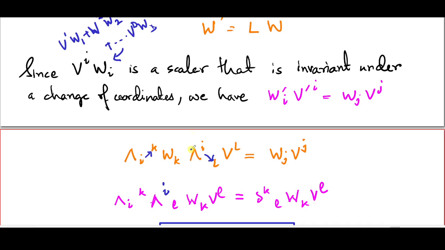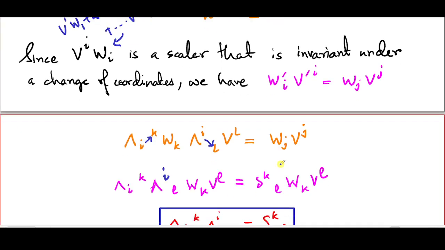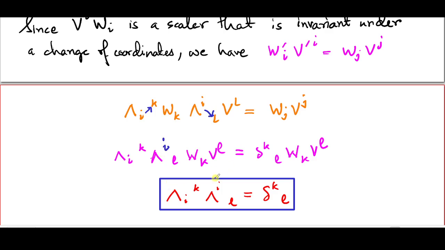Now, since this has to be correct no matter what values of w1, w2 up to wd or v1, v2, up to vd you use, it's easy to see that the coefficients in front in the two cases must match. So lambda ik, lambda il must be delta kl. Note that so far we have been keeping the indices placed properly.